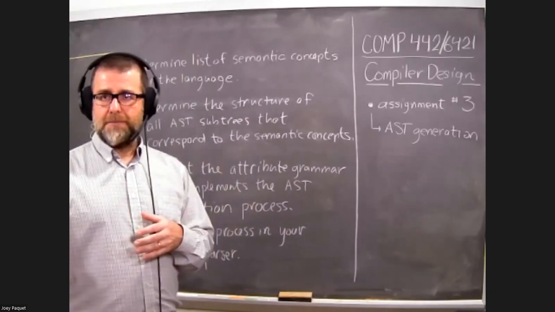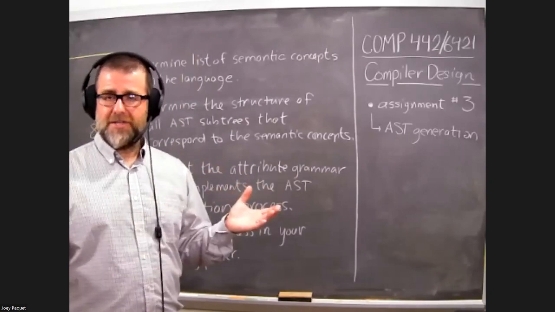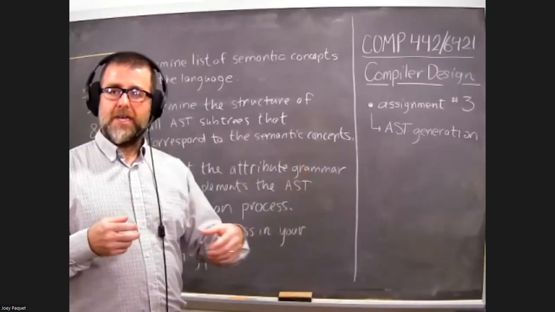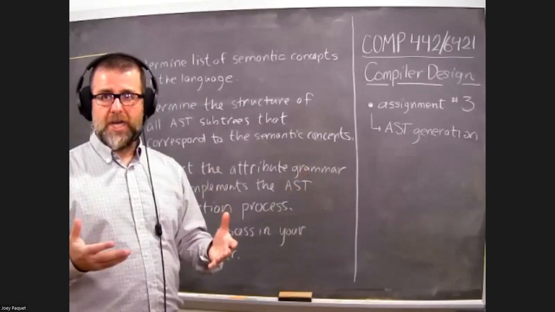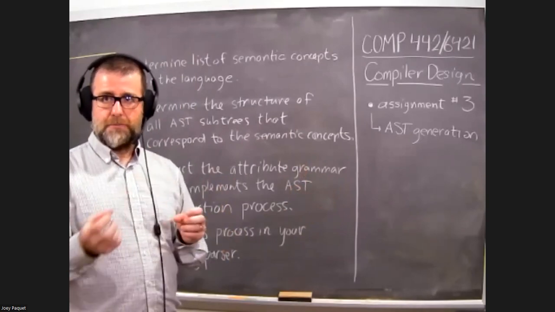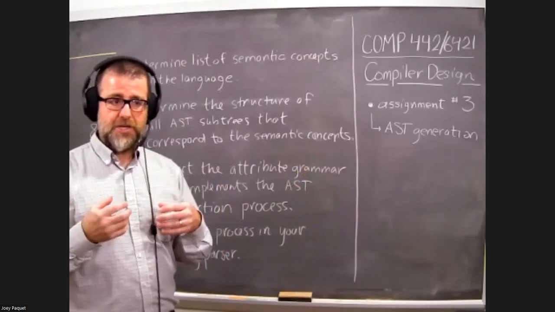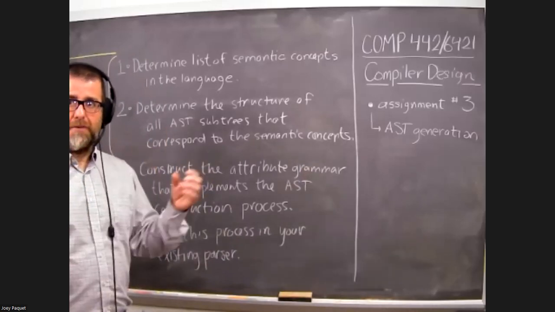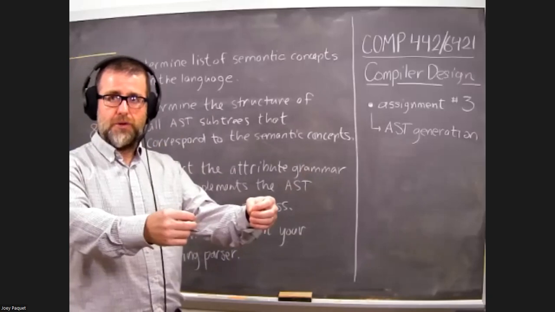Then you select another similarly simple thing and do it for that. And every step of the way, when you do a new one, you code the representation of this attribute grammar into your parser.